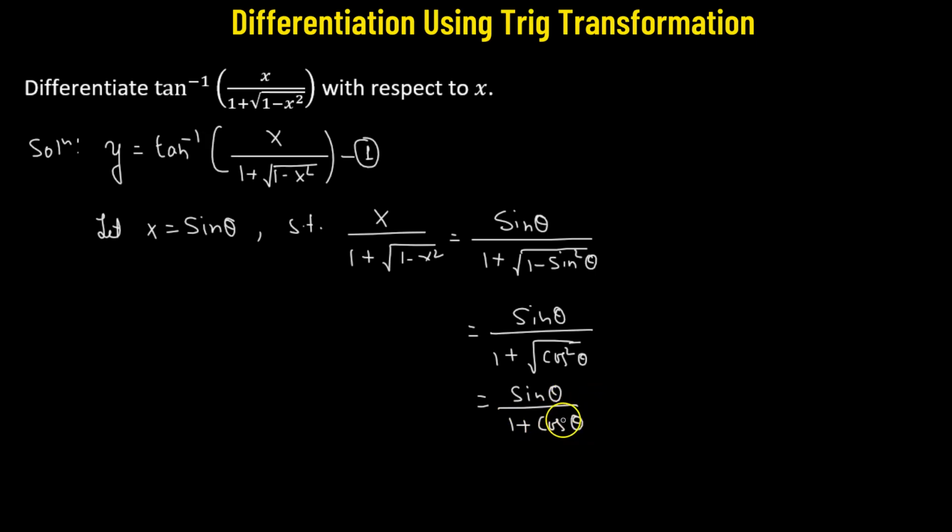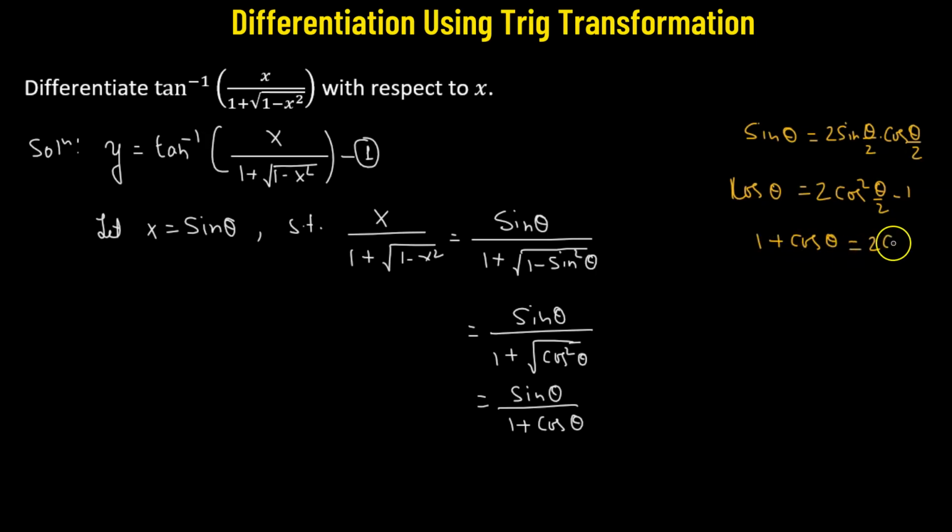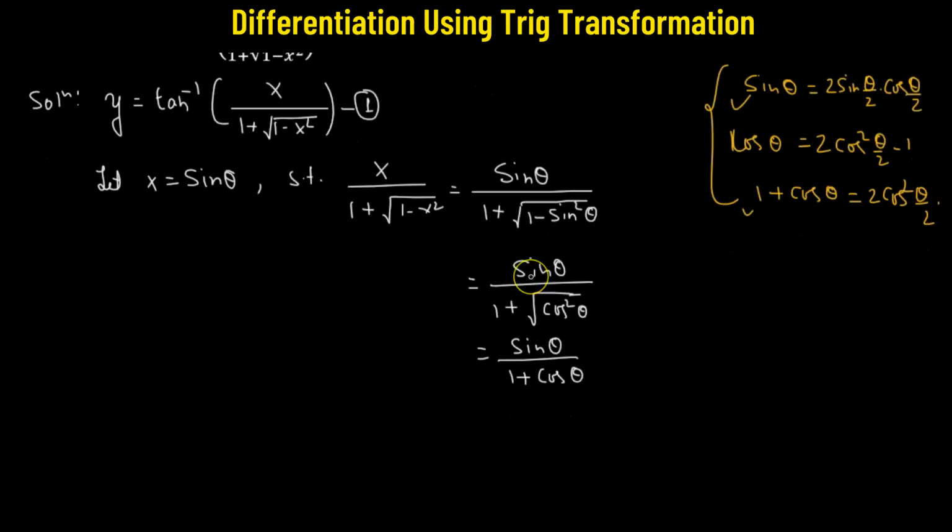Now we'll try to rewrite the numerator and the denominator using some trig identities. Sine of theta is given by 2 times sine theta over 2 times cosine of theta over 2, and cosine of theta is given by 2 times cosine squared theta over 2 minus 1, such that 1 plus cosine theta is equal to 2 times cosine squared of theta over 2. So we'll substitute these two values into our numerator and the denominator respectively.